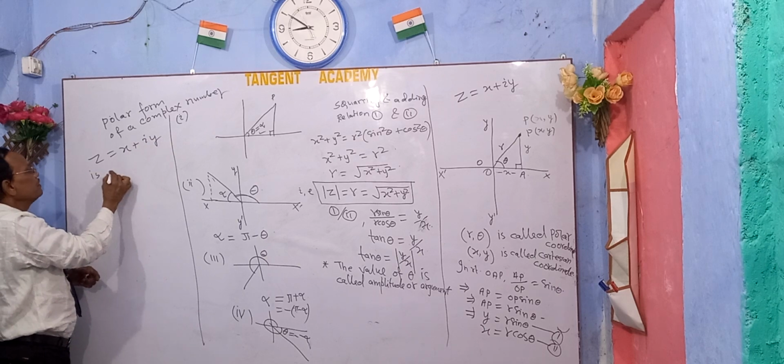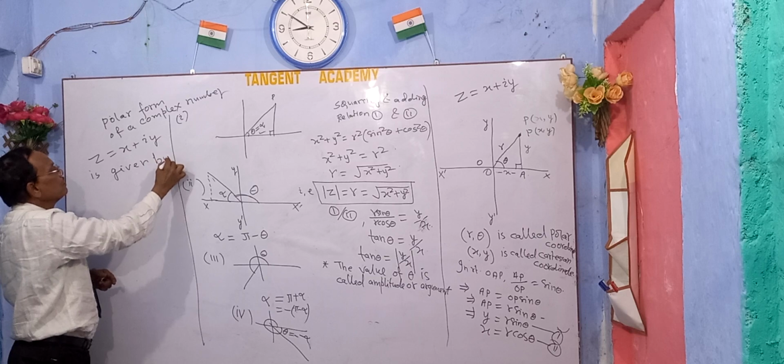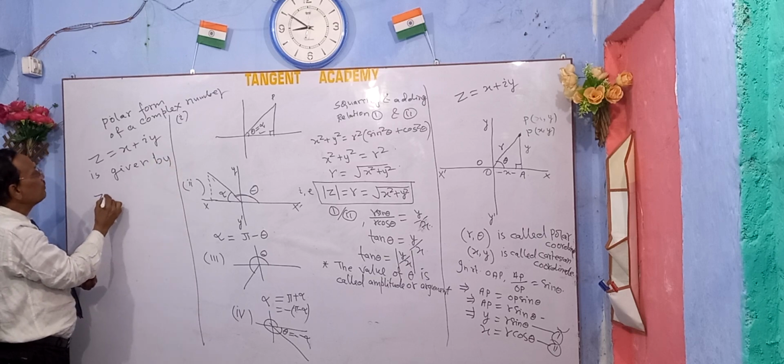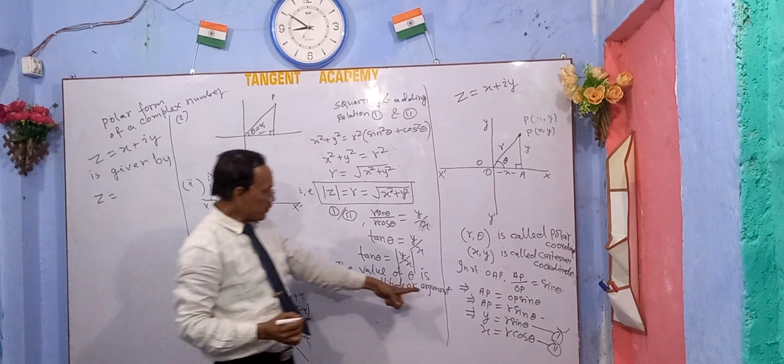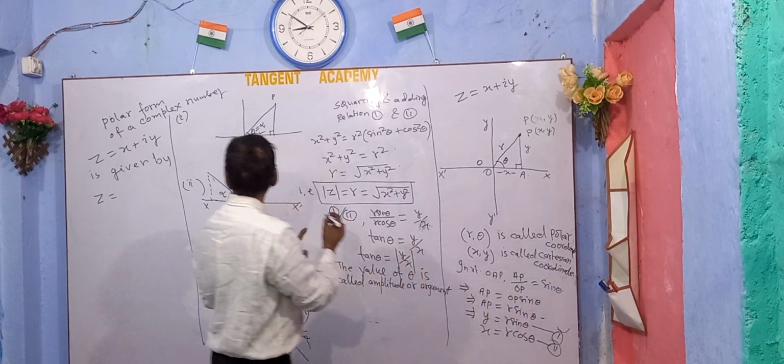It is given by putting the value of x and y. So from here x is r cos theta and y is r sin theta.